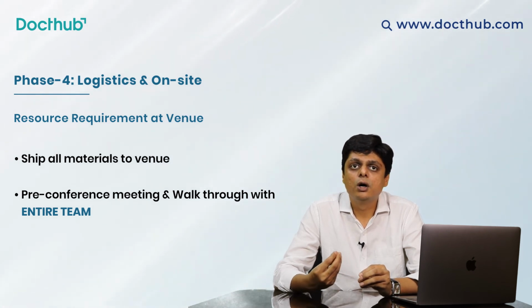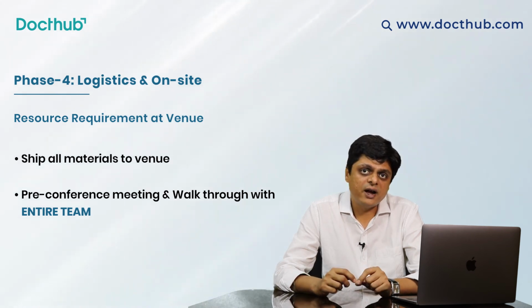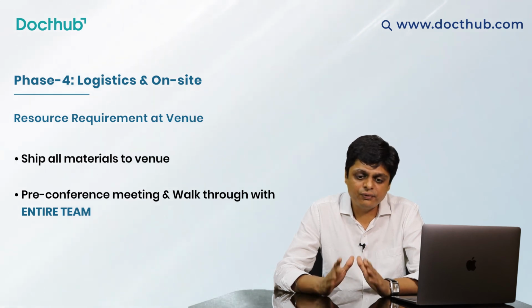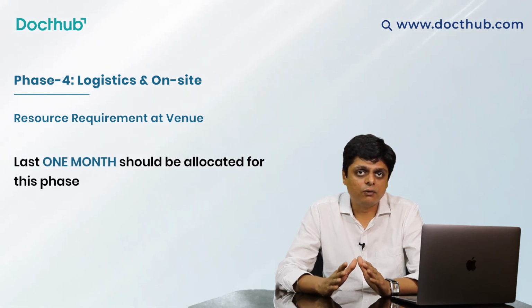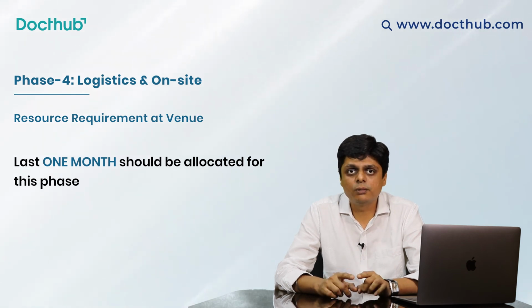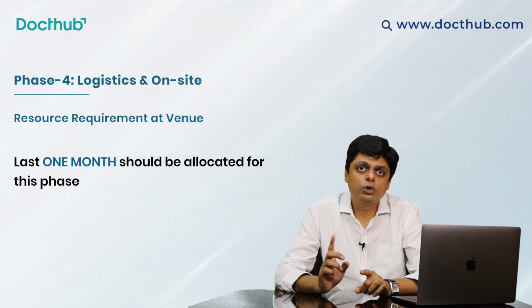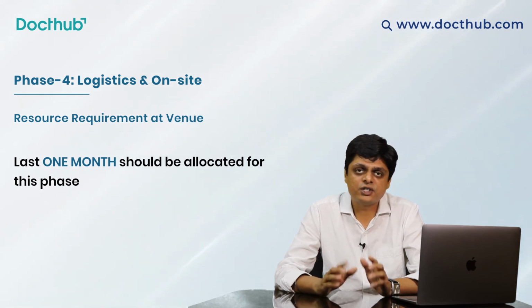So you should also assign work delegation for different members. You should allocate the last 1 month for this phase. So your last 1 month before the conference date will include all such on-site and logistics management.